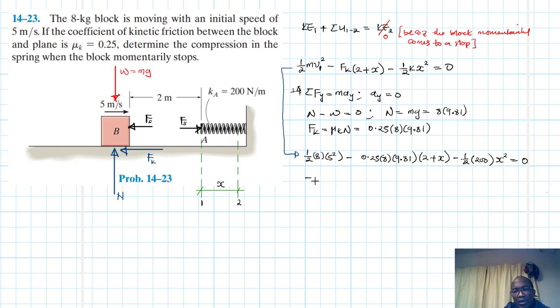So if we were to write this as a quadratic, we'll have minus 100 x squared, minus 0.25 by 8 by 9.81, which gives 19.62 x, and then finally 0.5 by 8 by 5 squared minus 0.25 by 8 by 9.81 by 2, which gives plus 60.76, equal to 0.